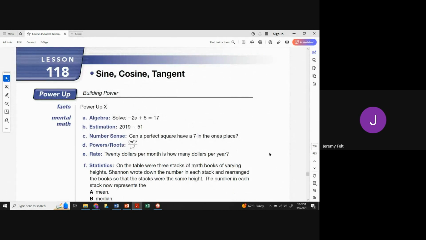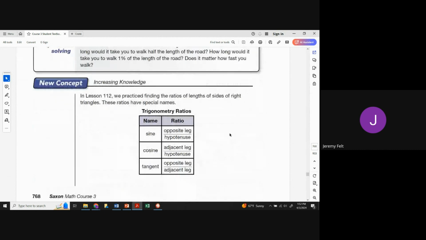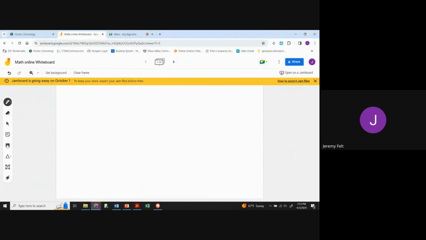All right, and then the last one, we're looking at sine, cosine, and tangent. I believe we already introduced this, but the ratios that we're going to use, so what this is, let's draw it. And then this applies for, so this is, we're talking about a right triangle.